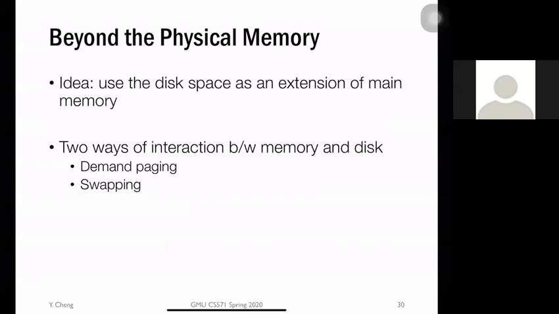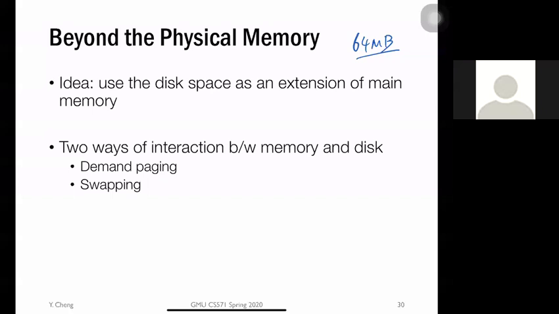And this was a useful idea in the old days when the physical memory capacity was significantly limited. For example, we're talking about 64 megabytes in the late 90s. That is too small, but the way to enlarge it is by using disk.